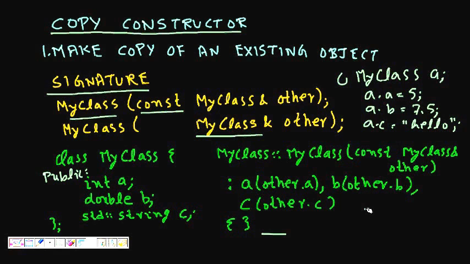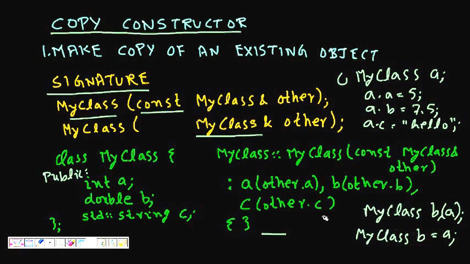Now when I do MyClass b = a, this will call a copy constructor. a will be passed as an argument, and b.a will become a.a, b.b will become a.b, and b.c will become a.c. So everything will be assigned.